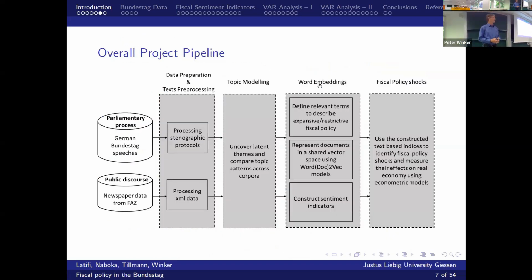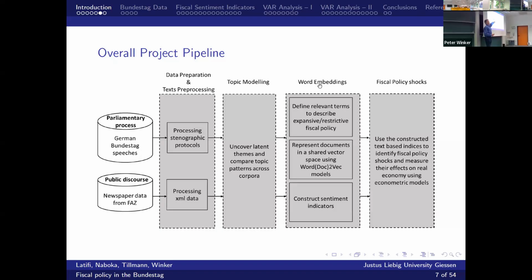The overall project pipeline: the project was a bit larger, as we considered not only the Bundestag speeches, but also what is reported in the newspapers. There's also a paper written right now, but I'm not a co-author of that paper.